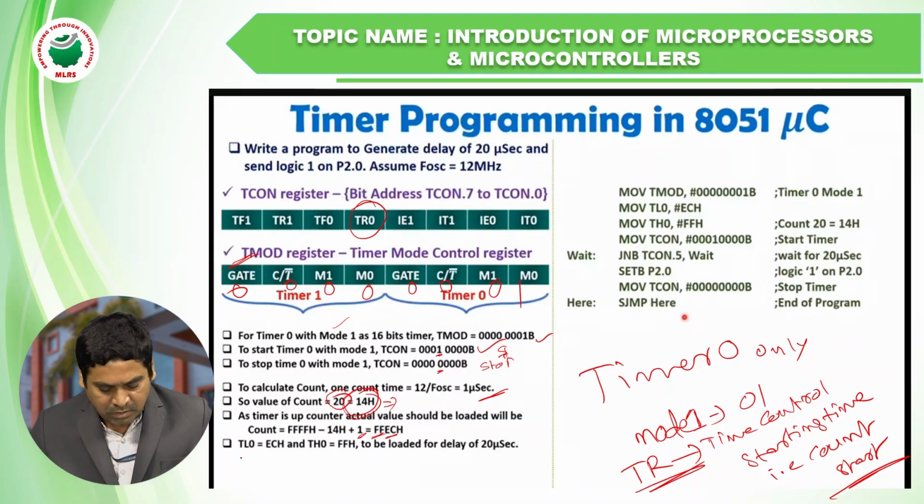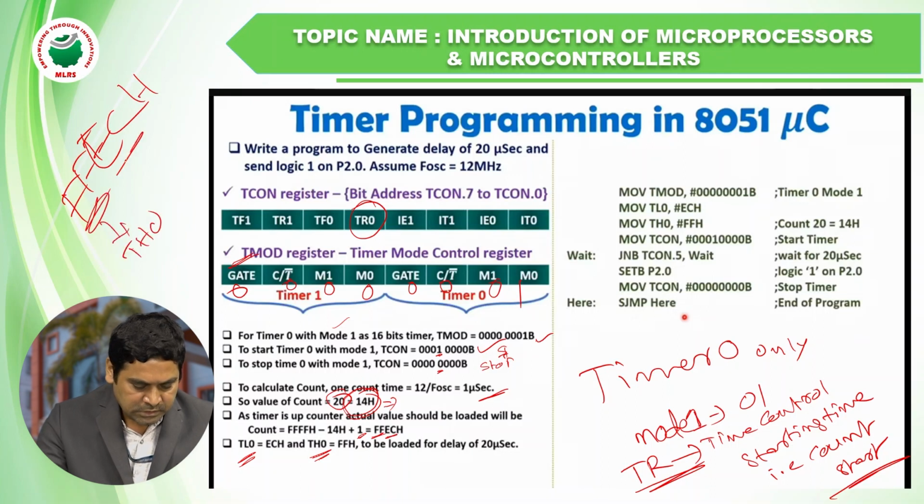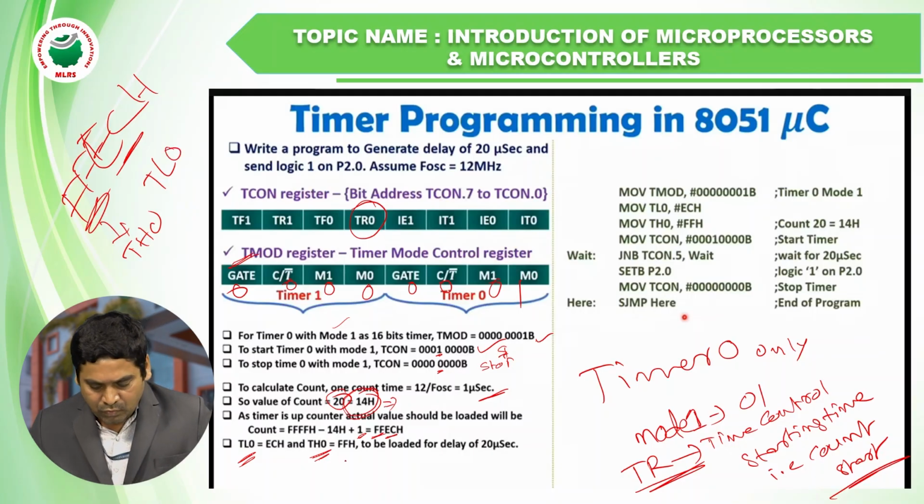I am talking only about timer 0, with TH0 and TL0. TH0 gets the higher value FFH, and TL0 gets the lower byte ECH. Now how do we load them?